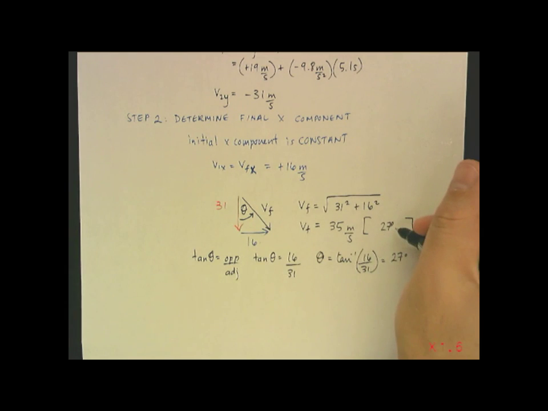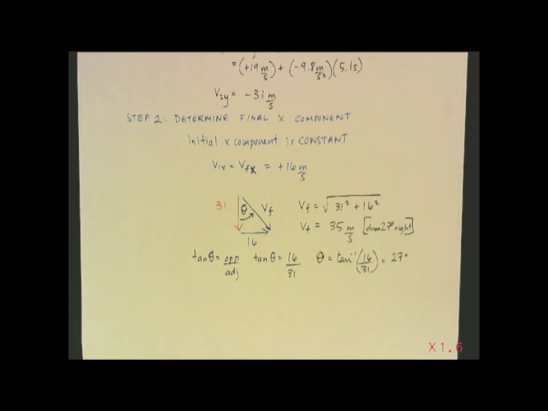So we say 27 degrees to the right of down. There's no indication of whether this was happening north or south. Remember that if something's up in the air, that's not north. North is this way, along the different plane. Got it?